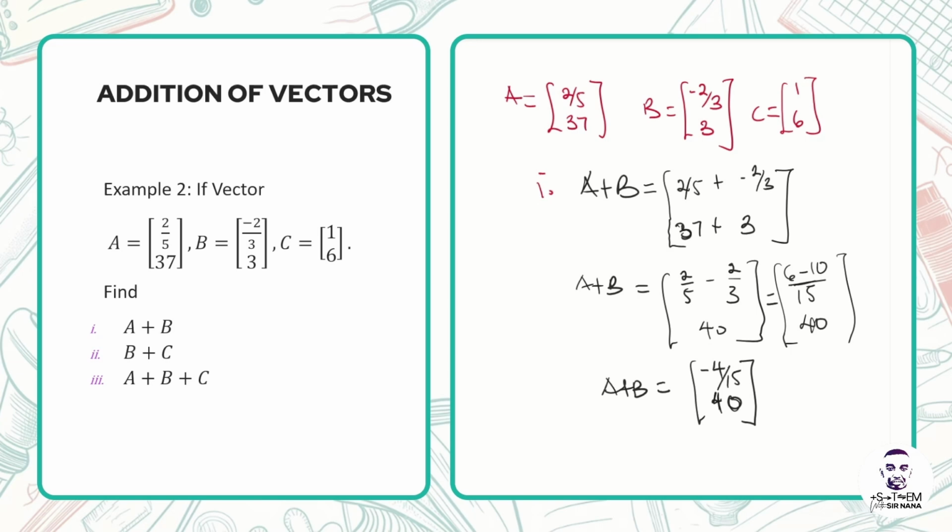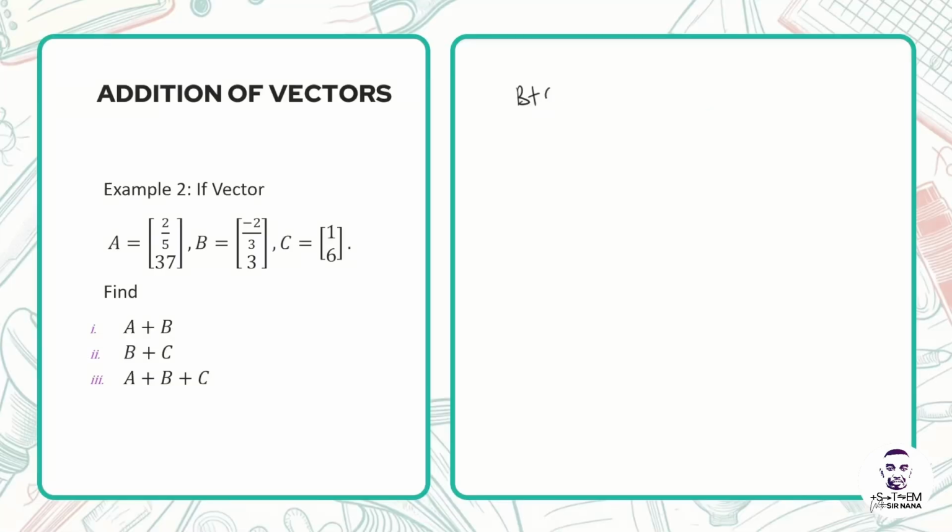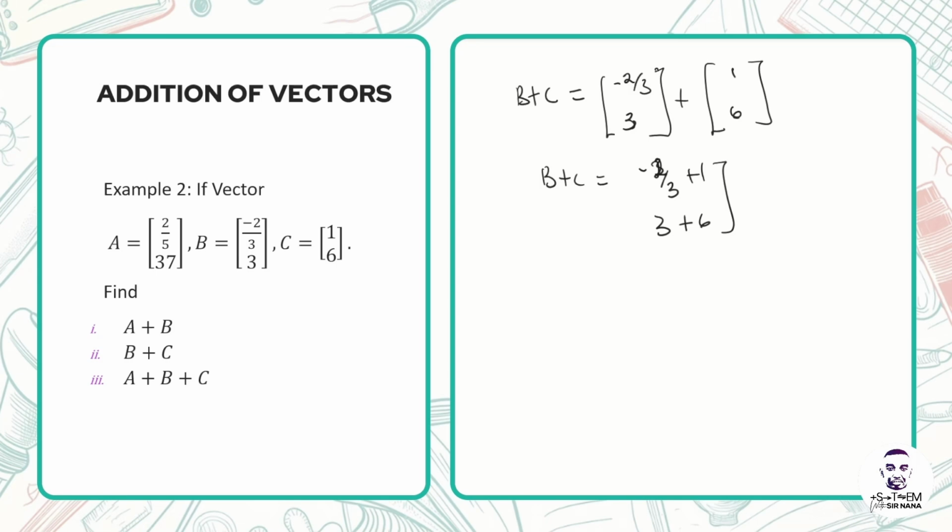Now let's consider part two. We are asked to find B plus C. B plus C means that we will take our B coordinates, which are -2/3 and 3, and then take our C, which is 1 and 6, and add them. So B plus C should be equal to -2/3 plus 1, and then 3 plus 6.